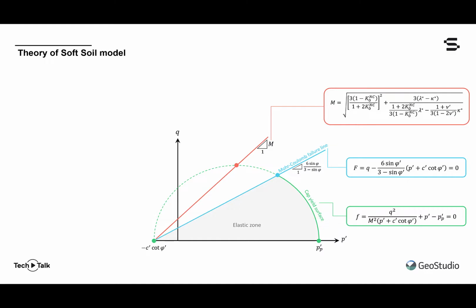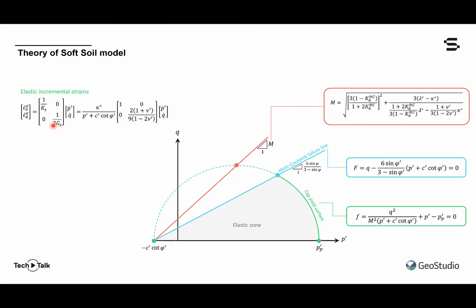Now for a stress ratio, or I should say a stress path, that's tracking inside of this yield locus and never intersecting Mohr-Coulomb or the cap yield surface, the strain increments, volumetrically and deviatorically, subscript V and Q, in the elastic range are linked to increments in mean effective stress and deviatoric stress by this compliance matrix.